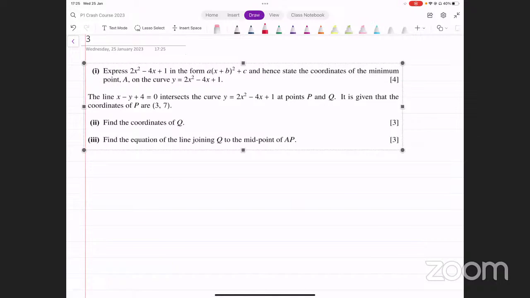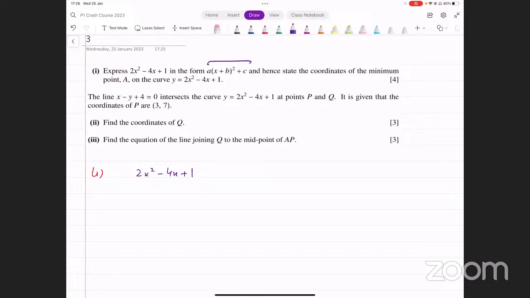It says express 2x squared minus 4x plus 1 in this form. Now this is the completed square form, right? Now remember, these plus minus are not going to make any difference. Sometimes they put minus here, sometimes they put minus outside. It doesn't matter. You just have to complete the square. There's nothing different. You just apply your standard method and complete the square. Okay, so you have to express it in this form.